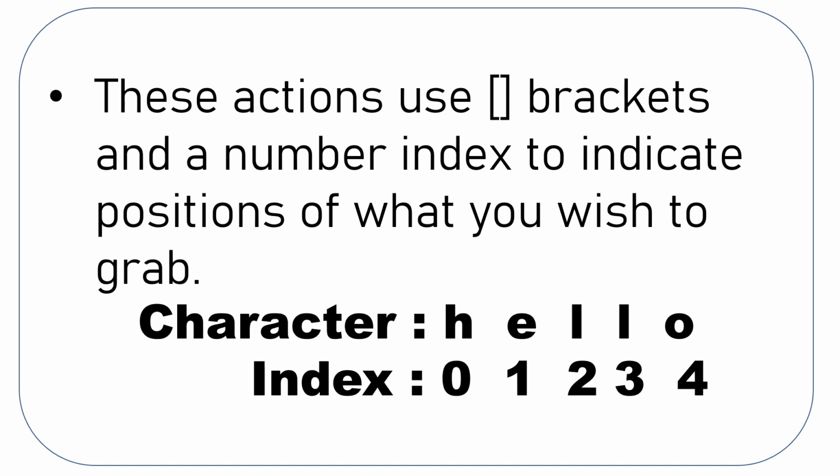Next, these actions use square brackets. Square brackets take a number index to indicate the position of the character you wish to grab. The way this works is that every single character, like in HELLO, has a position assigned to it.